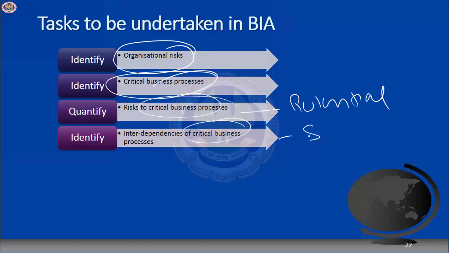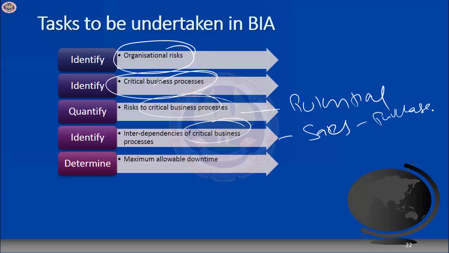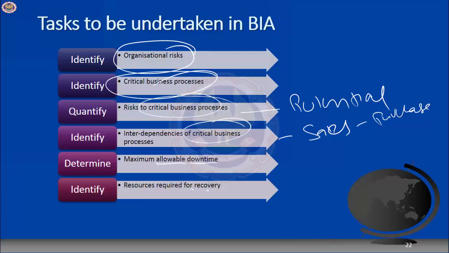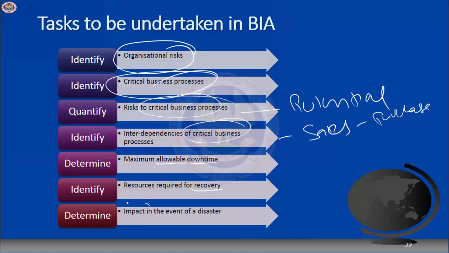For example, if sales is affected, you also need to look at procurement or purchases. You determine the maximum allowable downtime, identify the resources which are required for recovery, and also determine the impact in the event of a disaster.